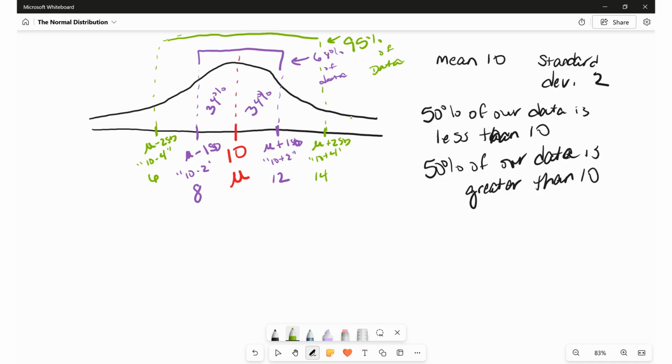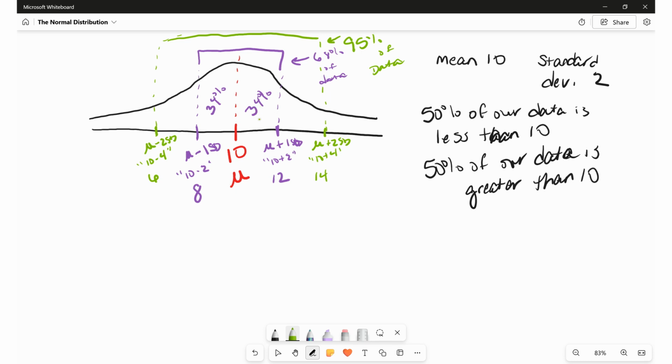So when we break that down into what that really means for percentages, because this is going to be important when we get into that, well, half of 95 is 47 and a half.